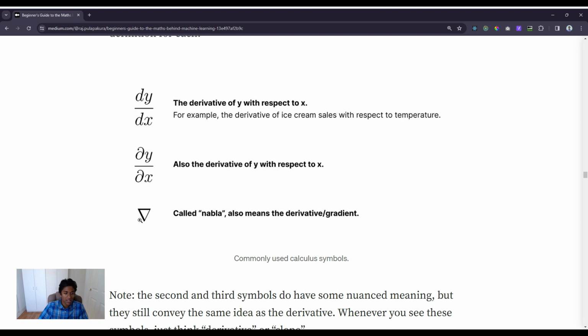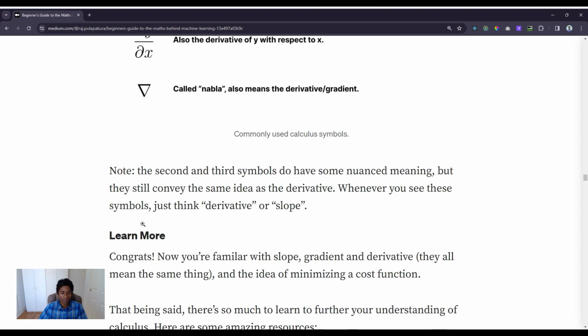And this final symbol is called nabla, but again, it just means the gradient or the derivative. So all these three symbols just mean the rate of change of one variable to another. Now, while these symbols do differ slightly in their nuanced meaning, they still convey the same concept, which is just that rate of change.